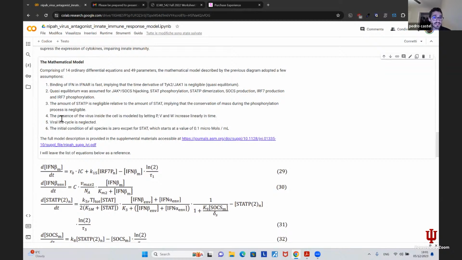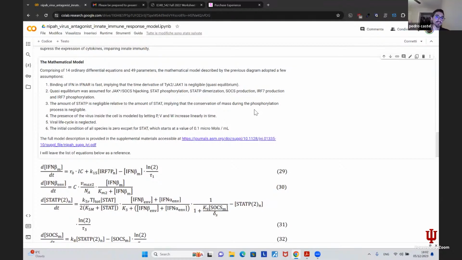The next main assumption is that the presence of the virus inside the cell is modeled by letting P, V, and W increase linearly in time. So they do not model the viral life cycle, viral replication, or viral unpacking. They only model the presence of P, V, and W, which makes sense because they're not actually using the Nipah virus. They're using another dummy virus that effectively just injects P, V, and W in the cells.